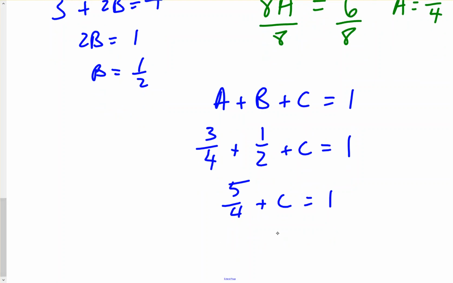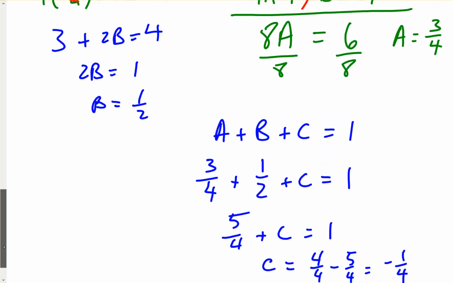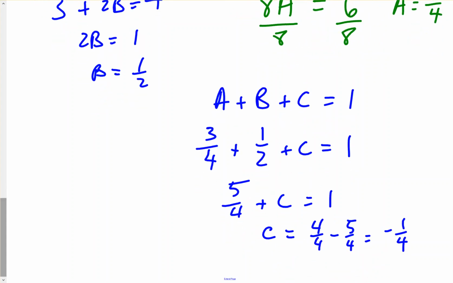Subtract 5/4 from both sides. So that means we have 4/4 minus 5/4, which is negative 1/4. Good. So now we have all three variables solved for. a is 3/4, b is 1/2, and c is -1/4.